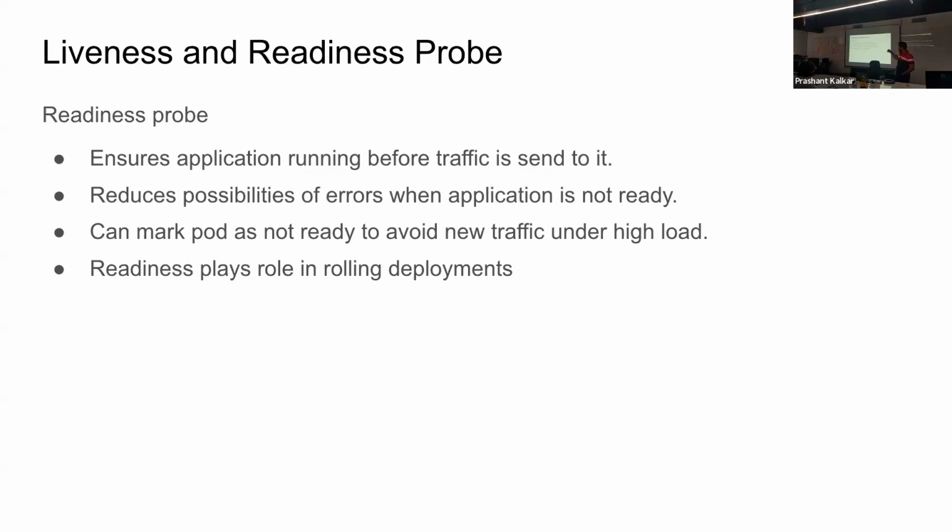A readiness probe ensures the application is running before the traffic is sent to it. So a readiness probe is essentially making a decision on the traffic. It is not making any decision on the application. The application might come up, it might even fail, or it might look like it is working, but if the readiness probe says that it's not working, no traffic will reach that application.